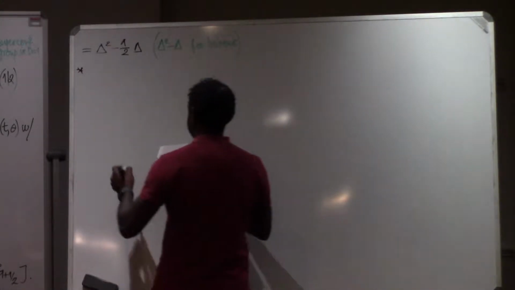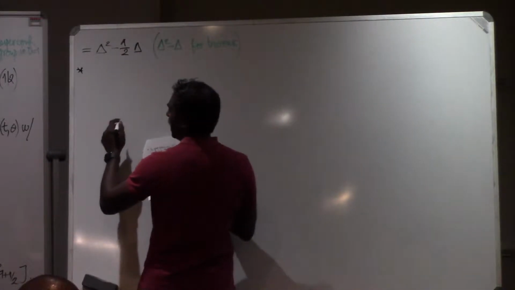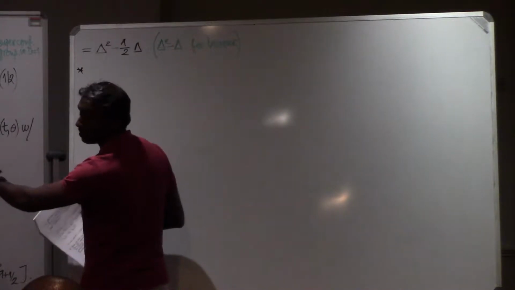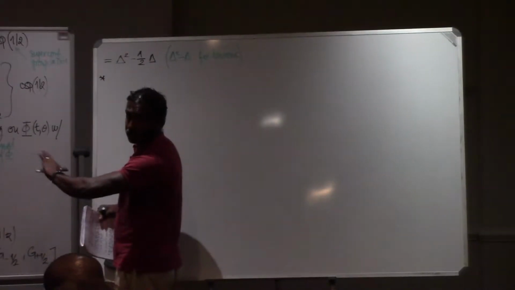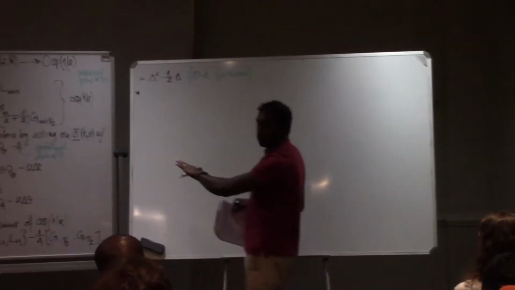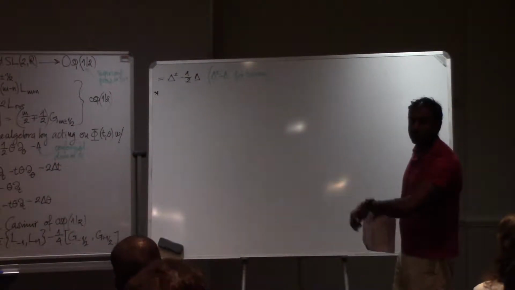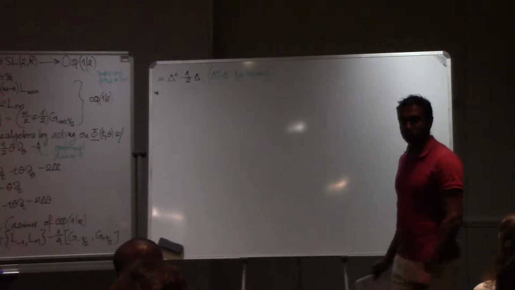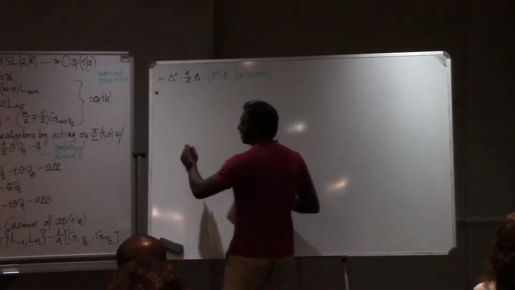So the two-particle Casimir, for a two-particle system with coordinates, let's say T1 theta 1 and T2 theta 2. This guy acts on some function, and just to make things simple to write down, I'm going to set delta equal to 0 and write down these expressions. If you want the answer for general delta, you can always conjugate by T1 minus T2 minus theta 1 theta 2 to the 2 delta. Okay.